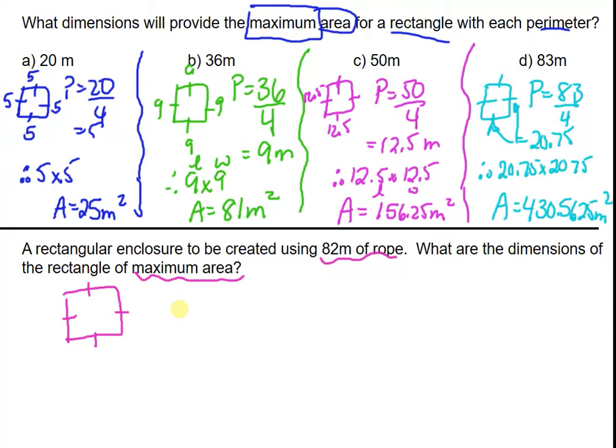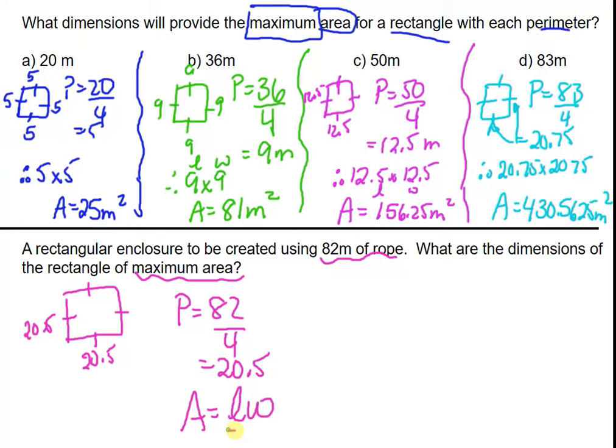Again, we know that the perimeter is 82, and we're going to divide that by 4, so we get 20.5. So the length is going to be 20.5, and the width is going to be 20.5. Now, if we want to solve, we know length times width, 20.5 times 20.5, we get 420.25 meters squared.